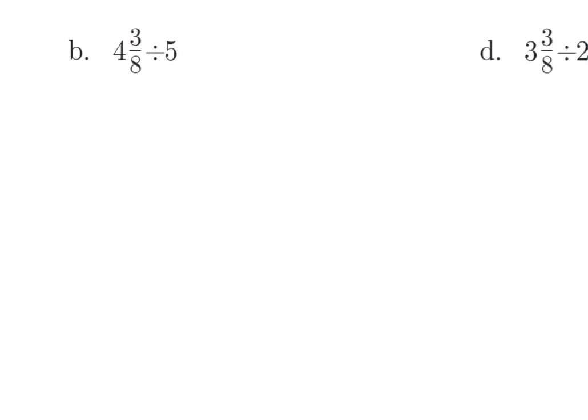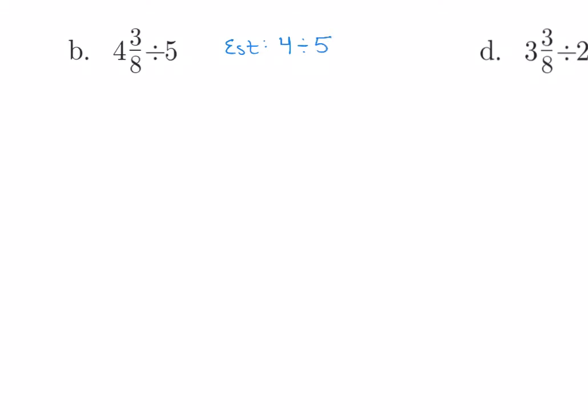All right, let's look at B. Starting with our estimate. So 4 and 3/8, do we round up or down? Since 3/8 is smaller than 1/2, I'm going to round down. 5 has no fraction to it, so we're just going to leave it as 5.